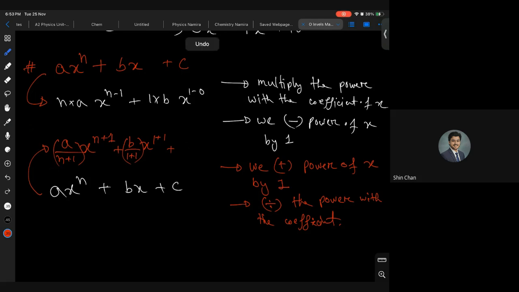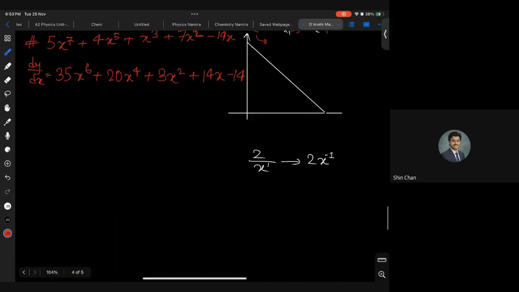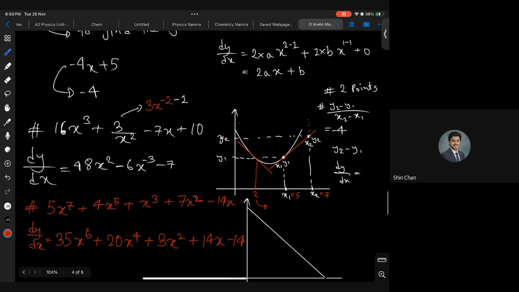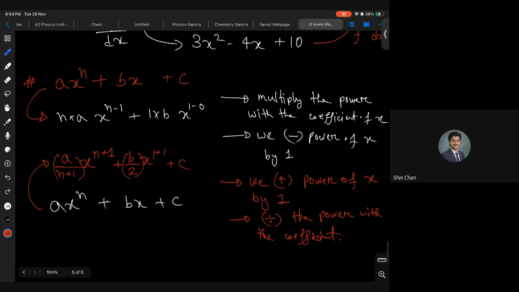So what I can do to simplify is, when we differentiated the previous ones, there was 7, right? And its power was 1, so we had to eliminate the x, because x was x to the power 0, right? Yes, sir. And now let's say the value of c is 8.